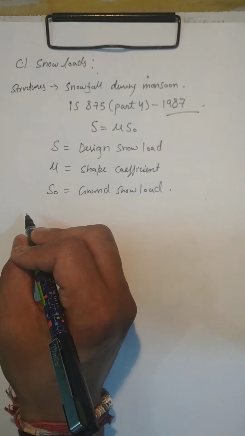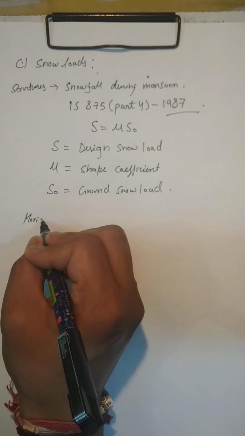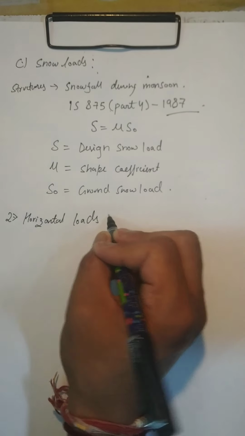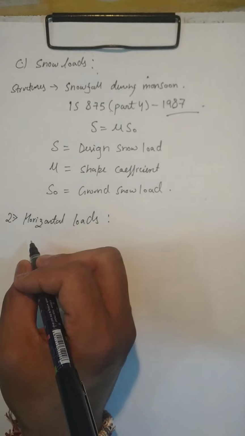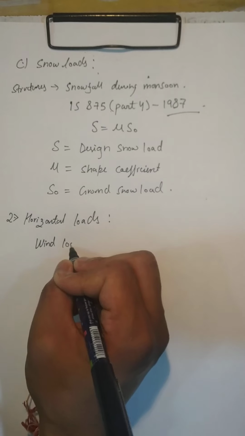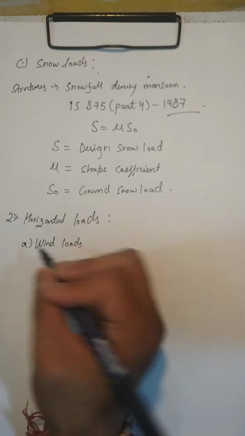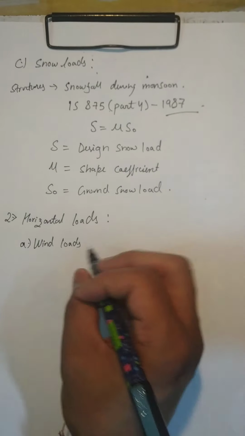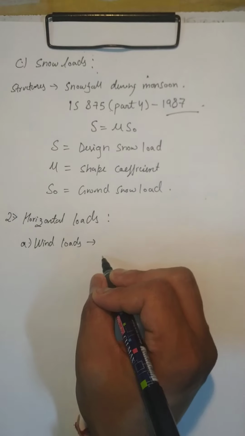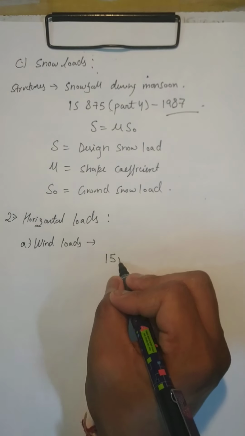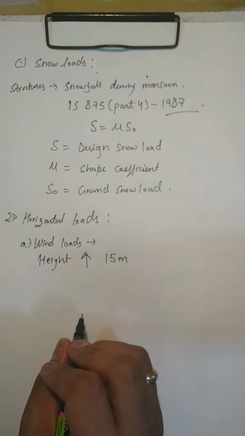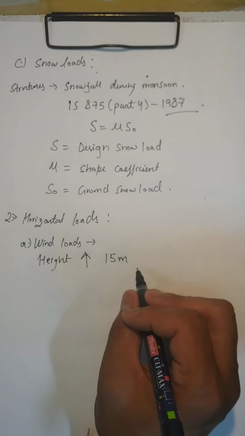Now we will discuss horizontal loads. So first type of load that we can consider in horizontal load is wind load. It is considered in design if the height of the building is more than 15 meters, right?